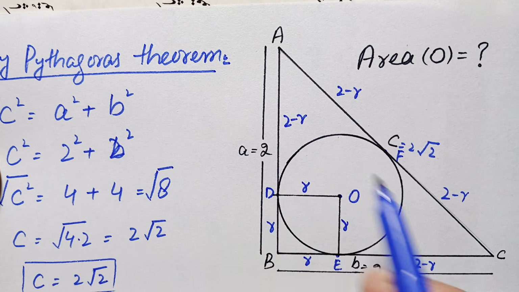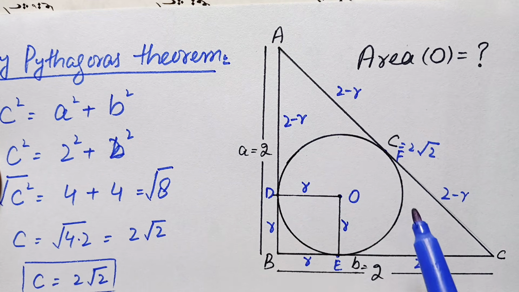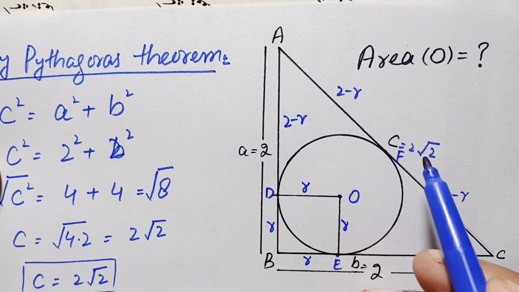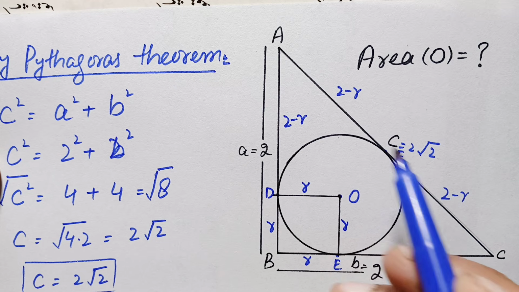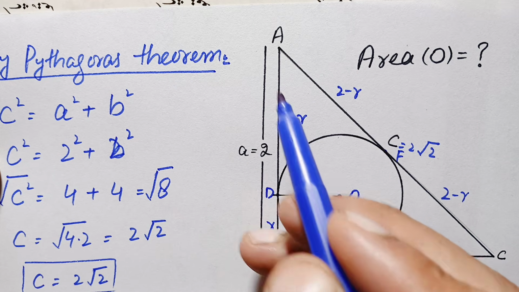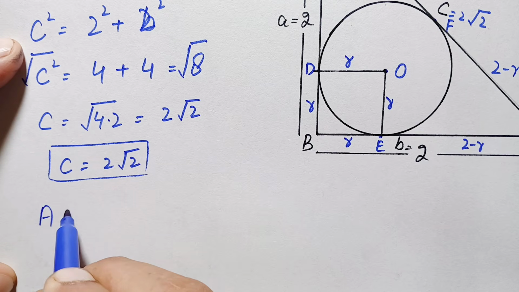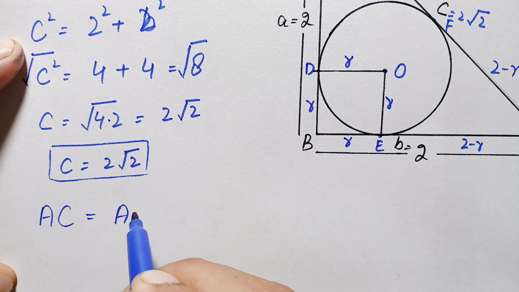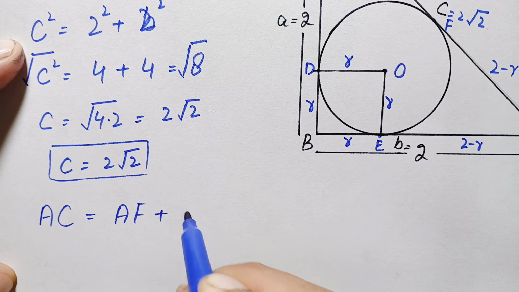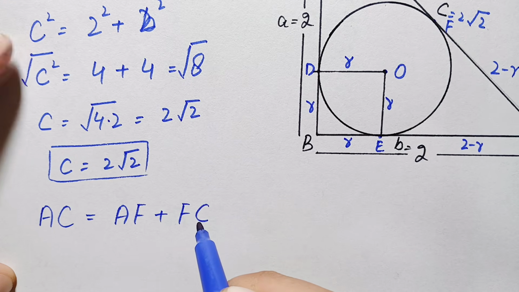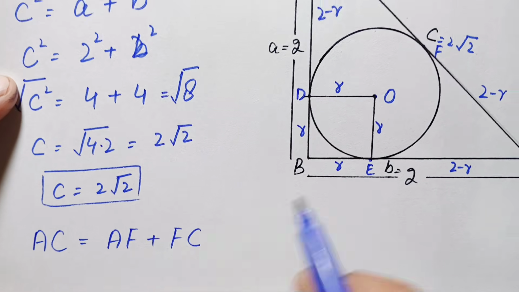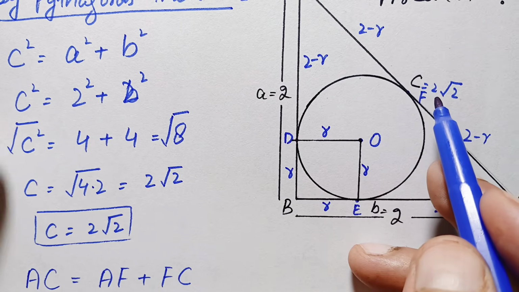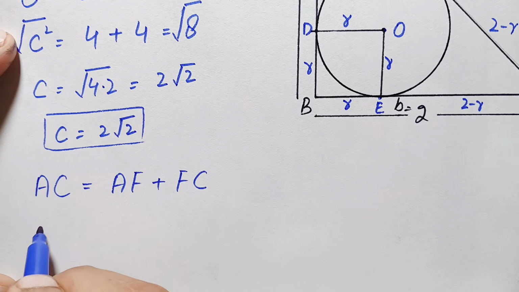Now look at this side AC. Here the length of AC is c, which is 2 times square root of 2. But we can also write AC as the sum of AF plus FC or CF. Here the value of AC, as we found, is 2 times square root of 2.